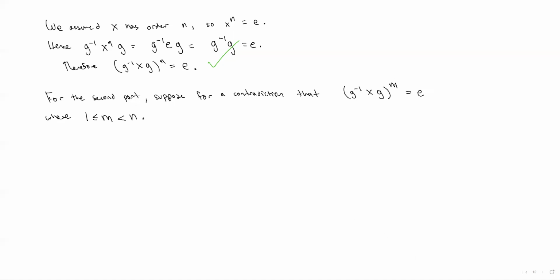So what's wrong with this? Well, the key is that conjugation is reversible. To reverse conjugating by G, just conjugate by G inverse.